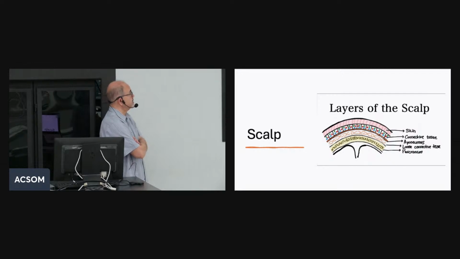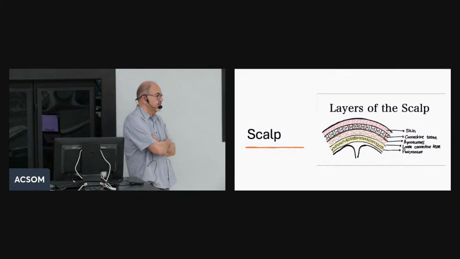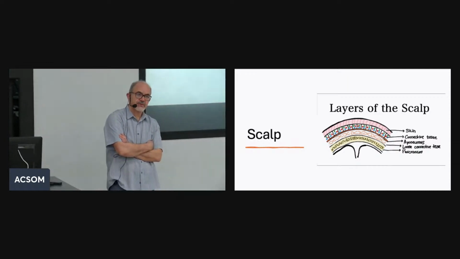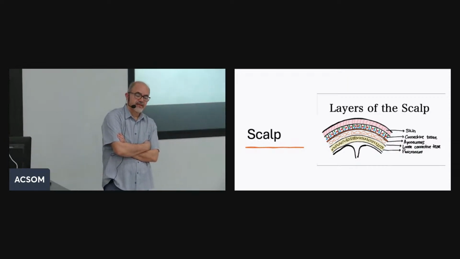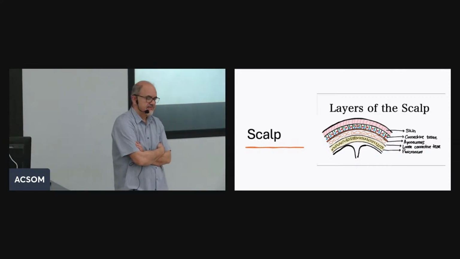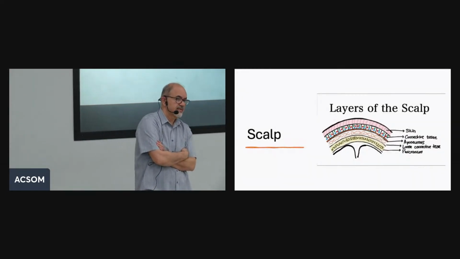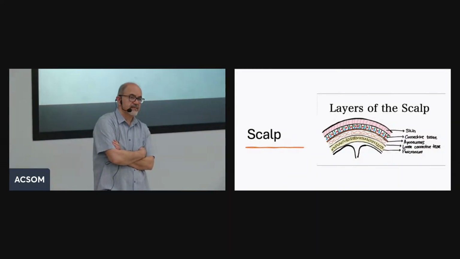So the top layer on the head is the scalp, which mostly consists of soft tissue and blood vessels. The scalp is very rich in blood vessels. Why is this important to know? Patients can bleed a lot from a simple scalp laceration.